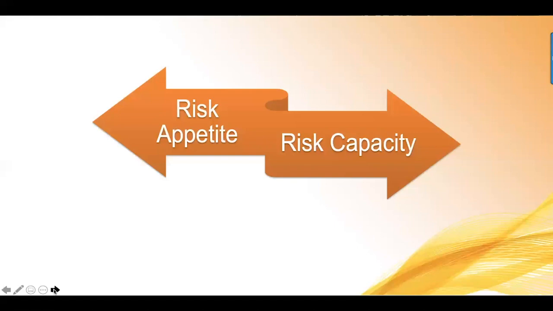Just because somebody has an appetite to take on more risk doesn't mean they actually have to within their financial plan. And I always use the example: I have a client who scored that he has an appetite for a higher amount of risk. But when I ran his financial plan, he was going to be able to meet all of his goals and objectives in a more conservative portfolio. So I sat the options down and I said, hey, I know you have the appetite for more risk, but I also wanted to show you, you actually don't need to take it.